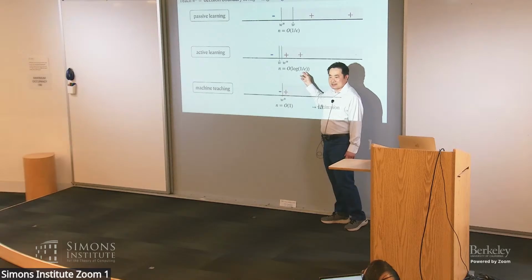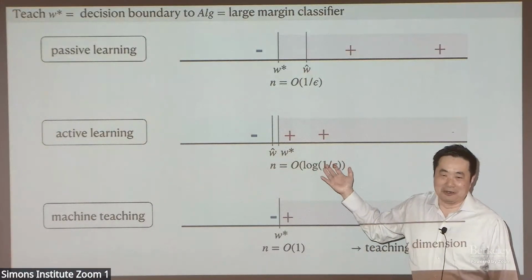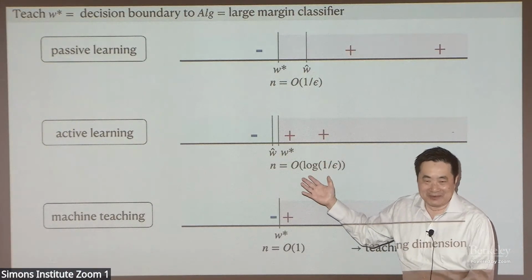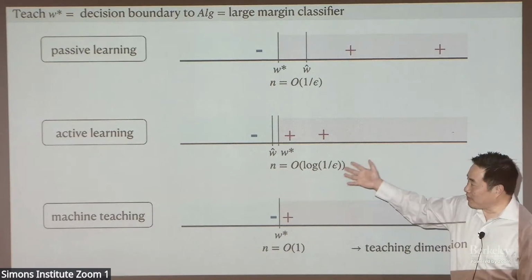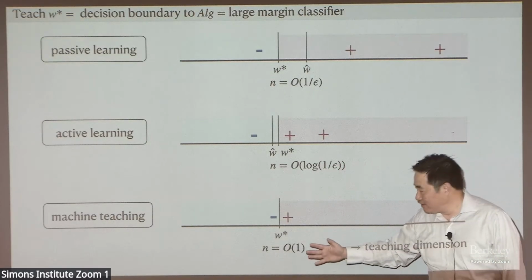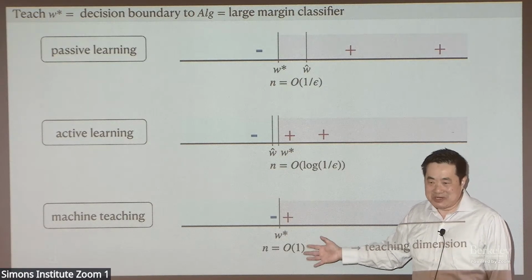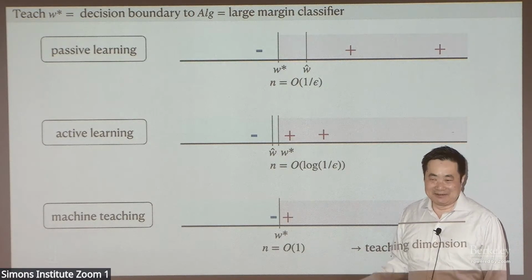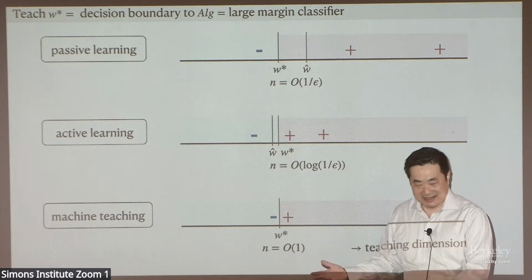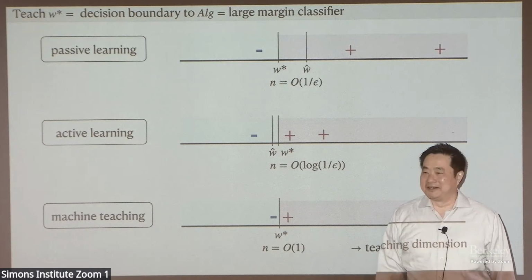And the reason is this is a price that the learner has to pay for not knowing where W star is. Of course, it doesn't know where W star is. That's the learning problem, right? So this is the price of learning. And that's why the teaching problem is different. It's a different problem because we start with W star and we just need to encode it for the learner.